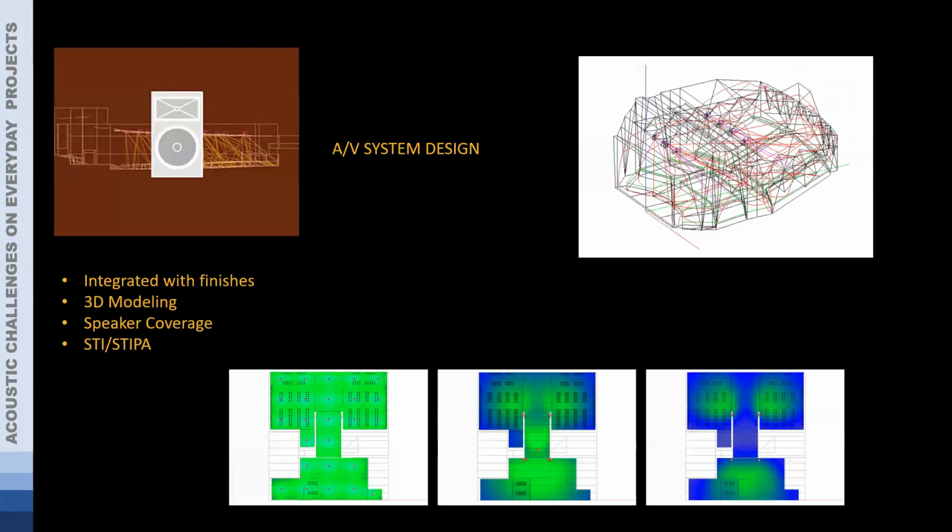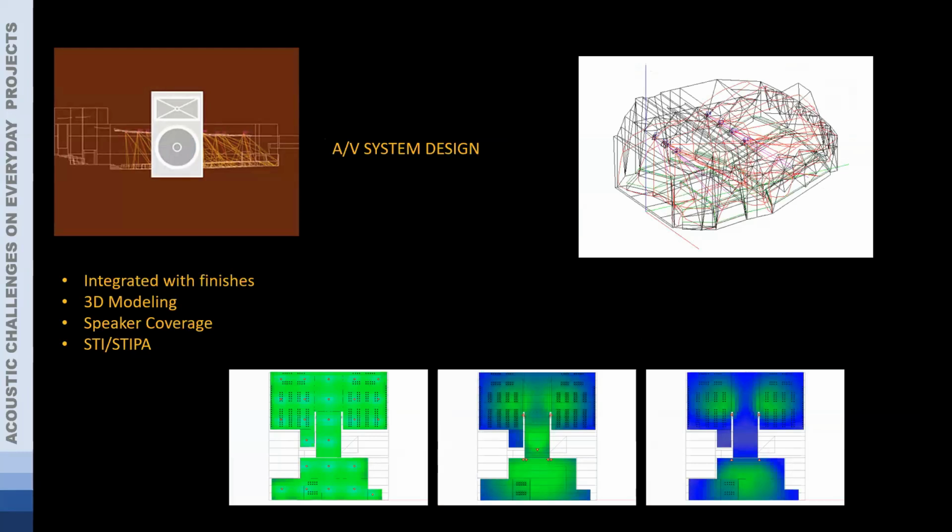Designing the AV system, audiovisual systems, is also a really important task. It's crucial that it's integrated with the acoustic finishes in the room, because you could spend multi-millions of dollars on a new AV system, but if you have the speakers angled at the wrong angle, or located in the wrong locations, you could have a room that sounds horrible, even though you spent a ton of money on that AV system.